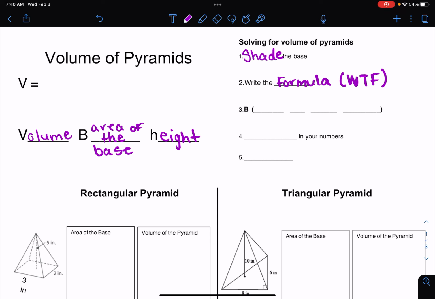The third step is to find the area of the base. Step 4 is to substitute or plug in your numbers. And step 5 would be to solve.